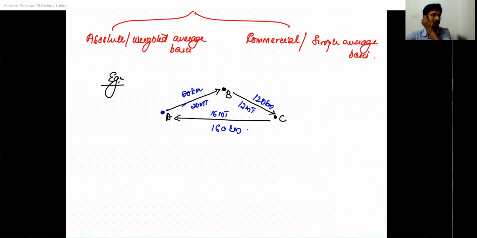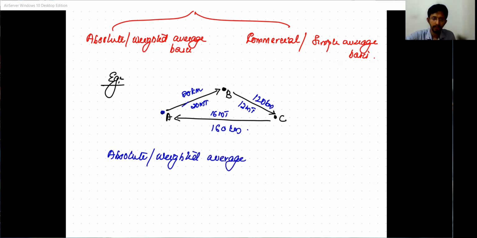So let's find out the weighted average or absolute basis metric ton kilometer. What we need is to find out per metric ton kilometer. How can you do that?